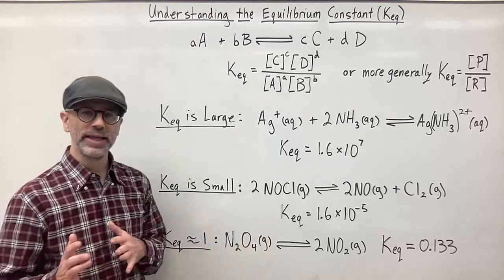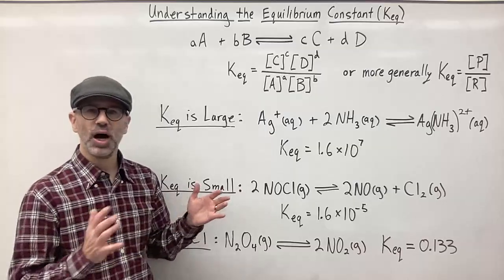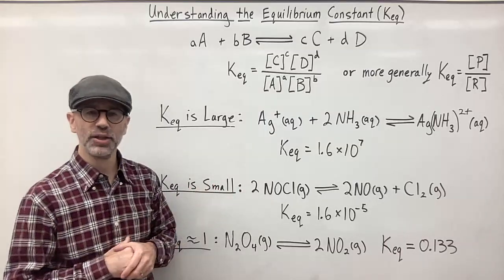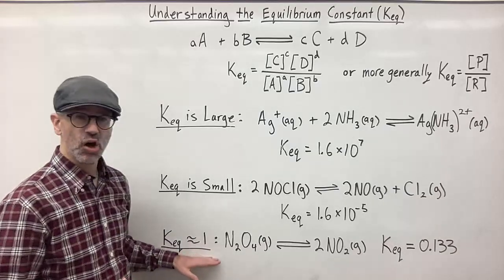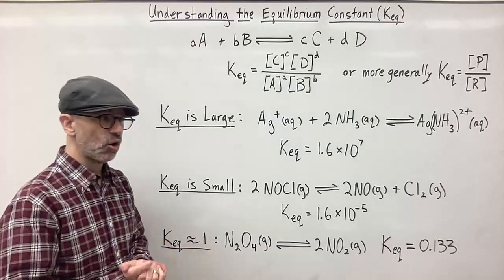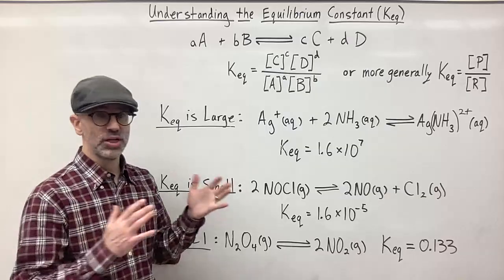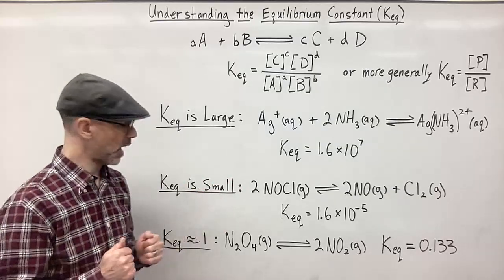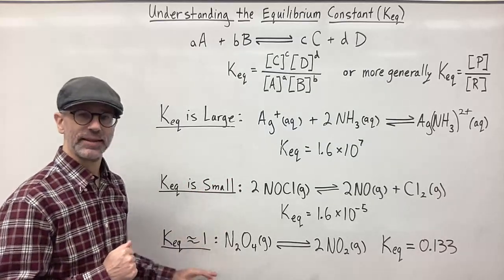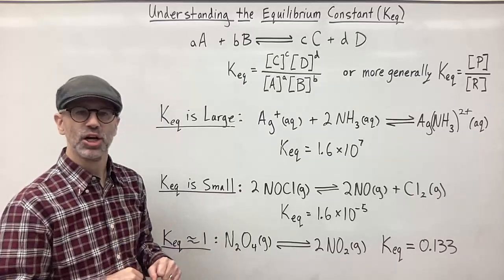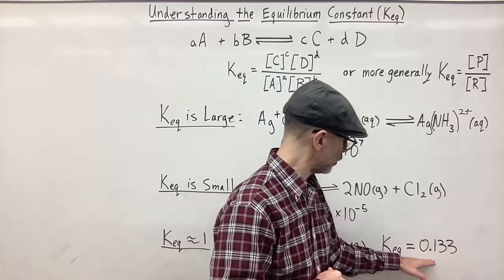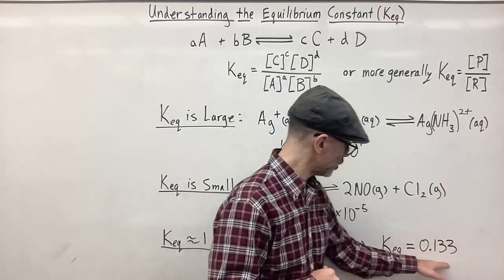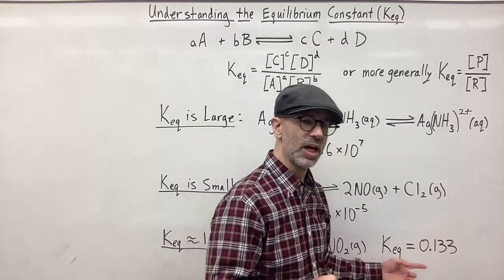So KEQ equals 1, that's going to be, probably, if you're within 100 one way or the other, right? So if your KEQ is within plus or minus 100, that's probably going to be enough to indicate that that's pretty much close enough to 1. So again, in this example, KEQ is 0.133, so that is definitely close to 1.